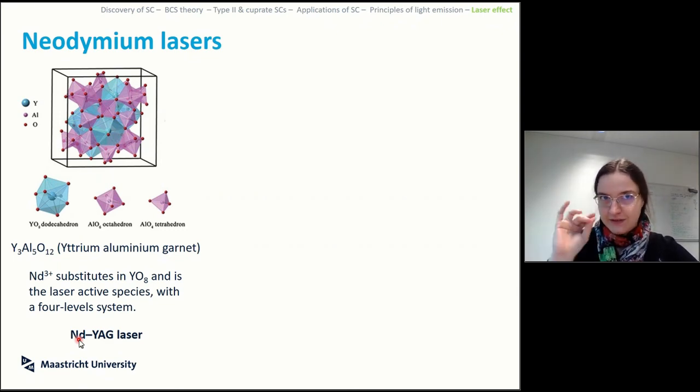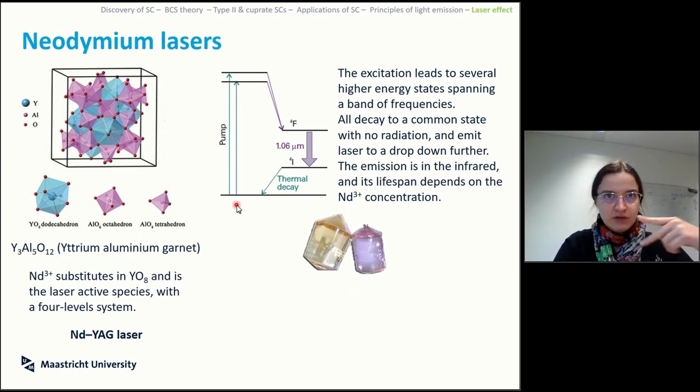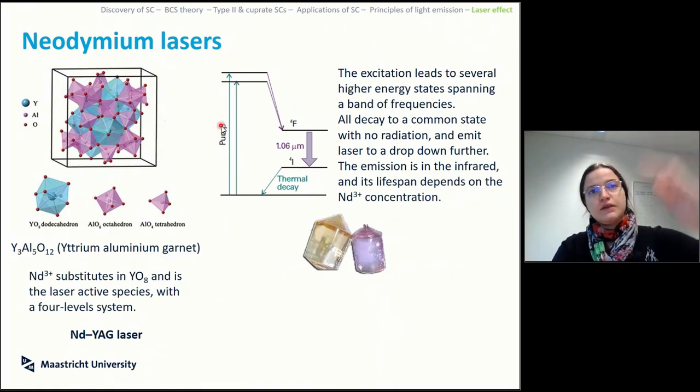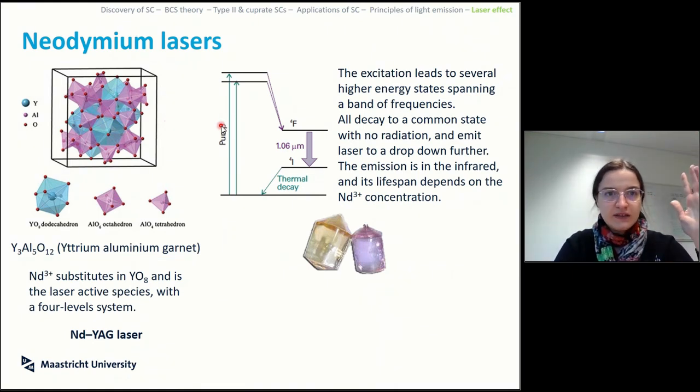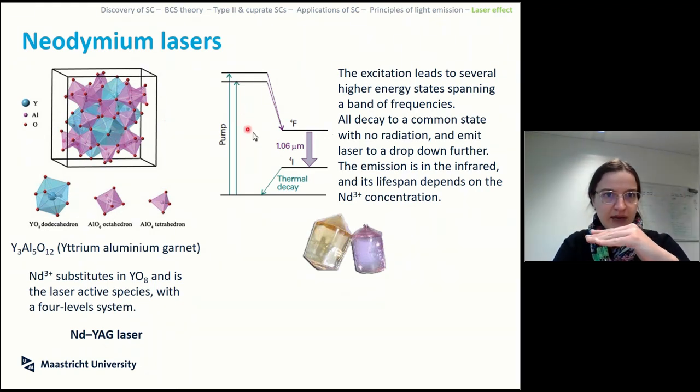You might have seen this type of label somewhere, and this thing is a 4-level laser. This can be vaguely dependent on how much neodymium you're putting in, but unlike the ruby that particularly likes green and blue light to get excited, up here you can consider that you have a series of possible energy levels to get excited with, but they all come down to a very specific level that is given by your neodymium.